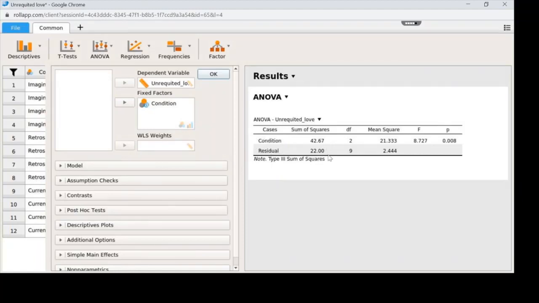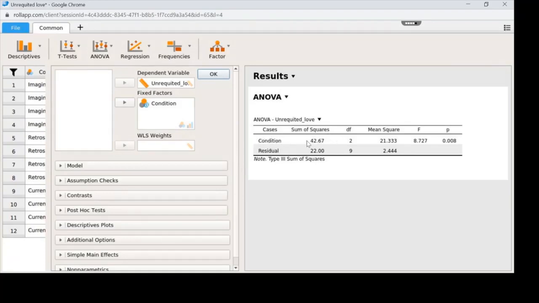And remember how we calculated ANOVA: we took the sums of squares between divided by the degrees of freedom to get the mean squared between. And we then divided the mean squared between by the mean squared within, and we got our F value. We have all of that here. The sums of squares between, here it's labeled condition because condition is our between factor item.